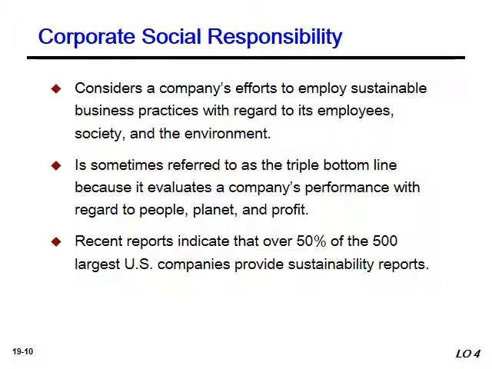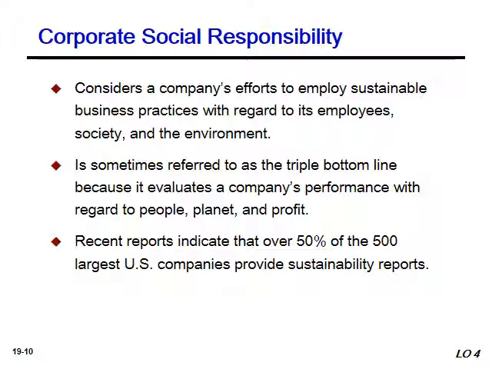Corporate social responsibility is becoming more standard. For a long time, we didn't really know how to measure this, and there is now a way to audit for corporate social responsibility. It's a company's effort to employ sustainable business practices with regards to employees, society, and the environment.